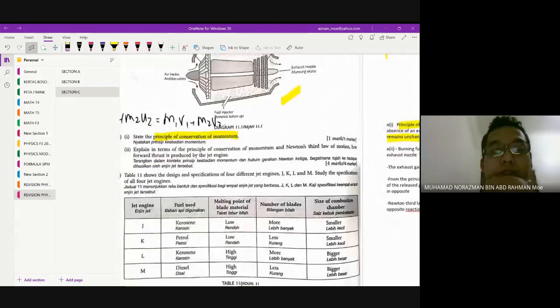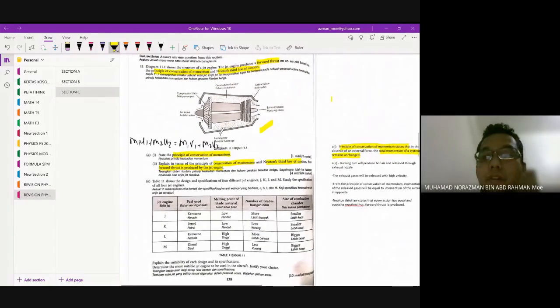Okay, second question. Explain in terms of the principle of conservation of momentum and Newton's third law how forward thrust is produced by the jet engine. So first, obviously, you need to know the concept of conservation of momentum, and also Newton's third law of motion.